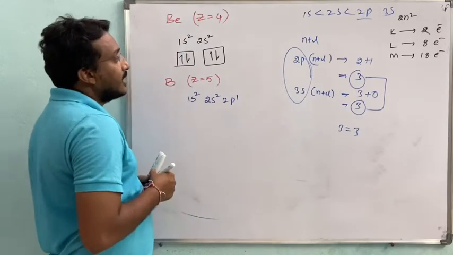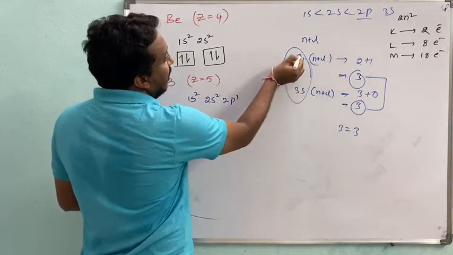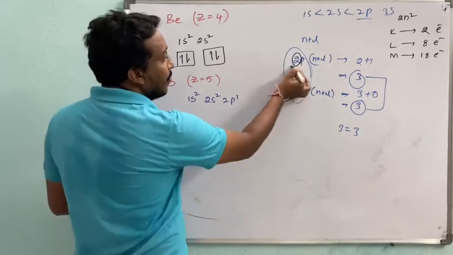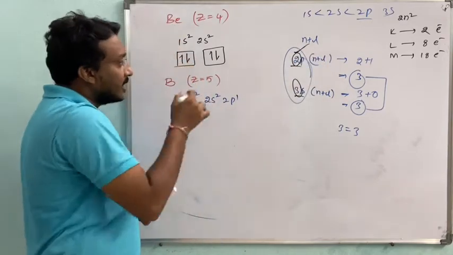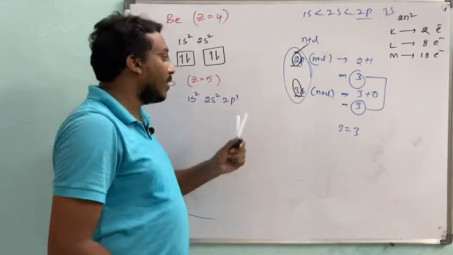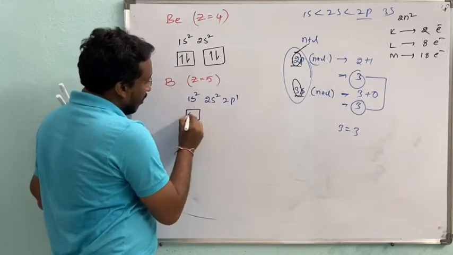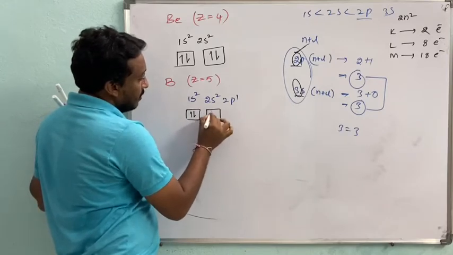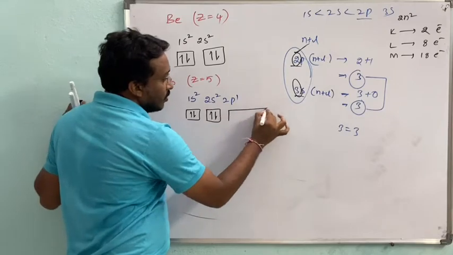In such cases, we fill the orbital whose principal quantum number is less. Between 2p and 3s, the principal quantum number is less in the 2p orbital, so that's why we fill it. So the configuration is 2s2 and 2p.